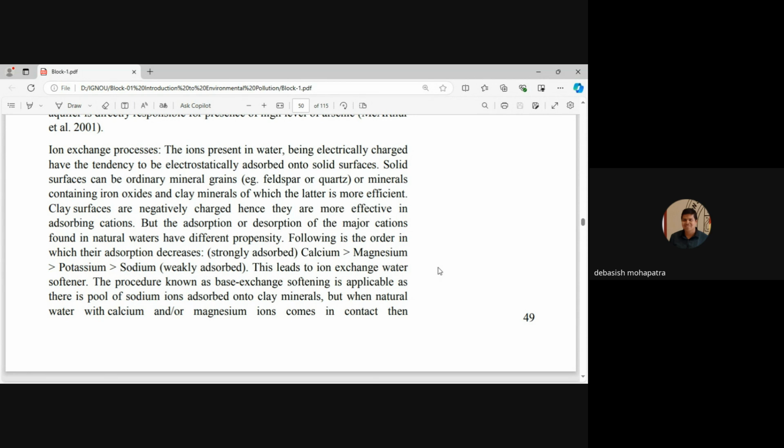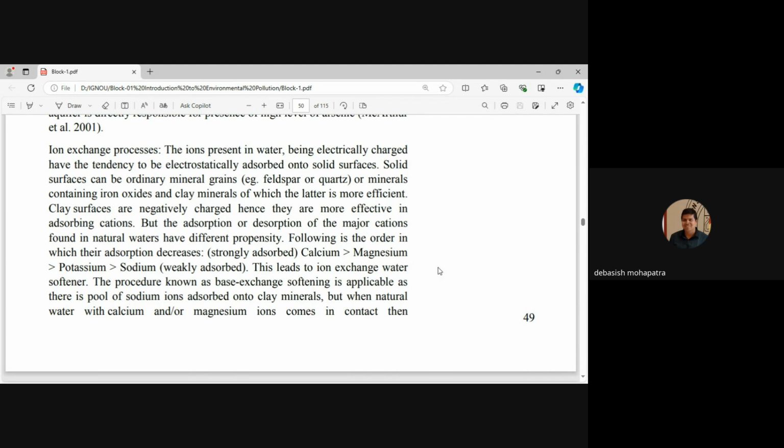Clay surfaces are negatively charged, hence they are more effective in adsorption of cations, but the adsorption or desorption of the major cations found in natural water is selective.